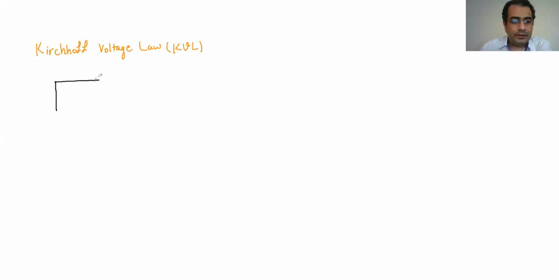So if I have, well, let's put some elements as well. If I have something like that, no, what is it, like this? And then I have, for example, another element here.